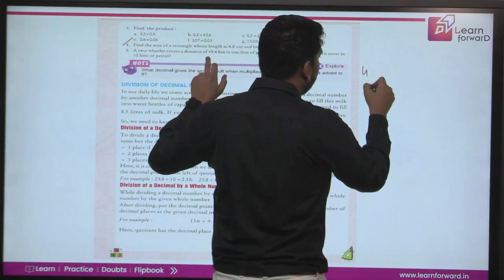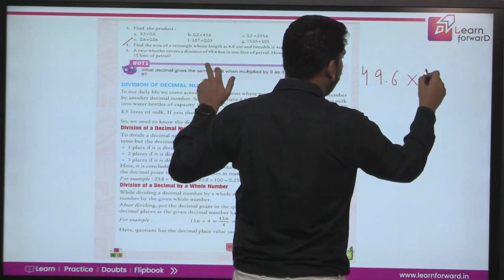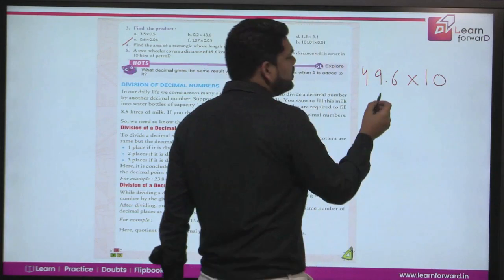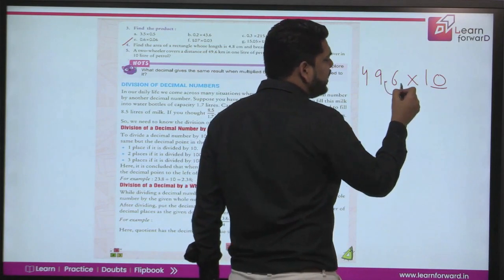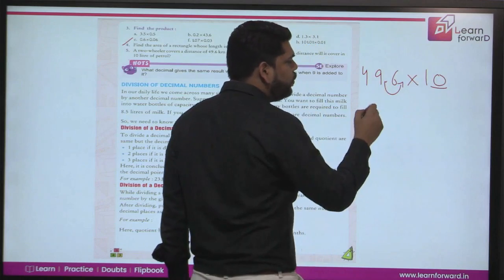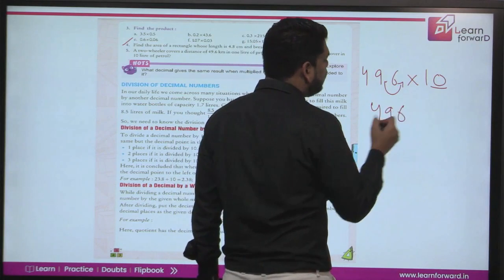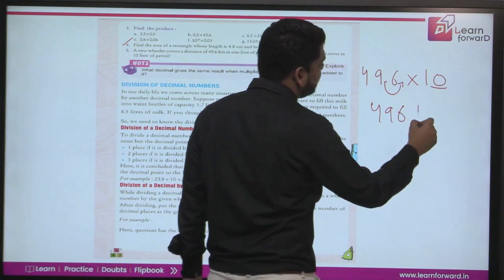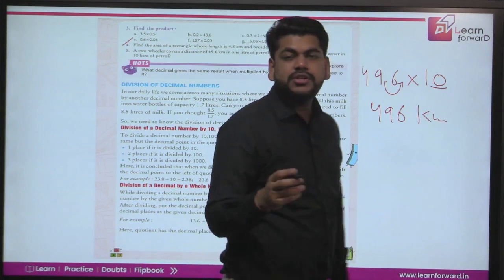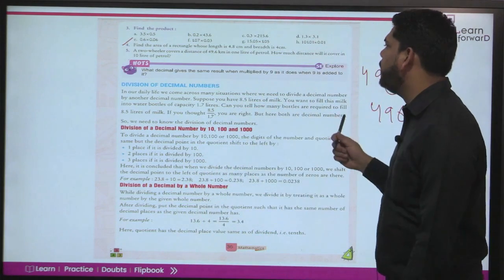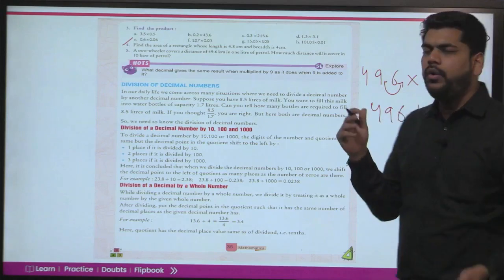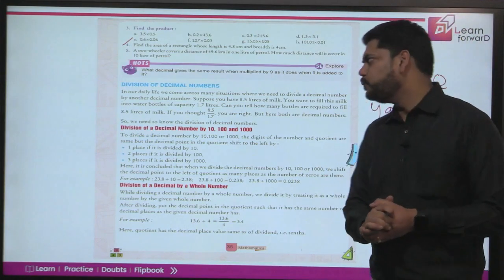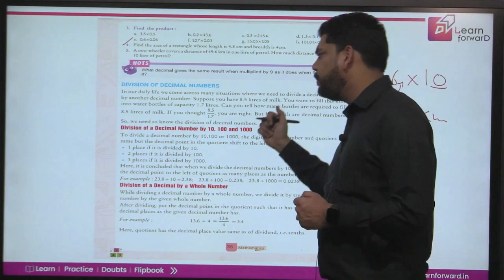So 49.6 will be multiplied with 10 liter. Since there is only 1 zero, we'll shift our decimal toward the right only once. So our answer will be 496 kilometer. So how much distance can we cover using 10 liter of petrol? It's 496 kilometers.